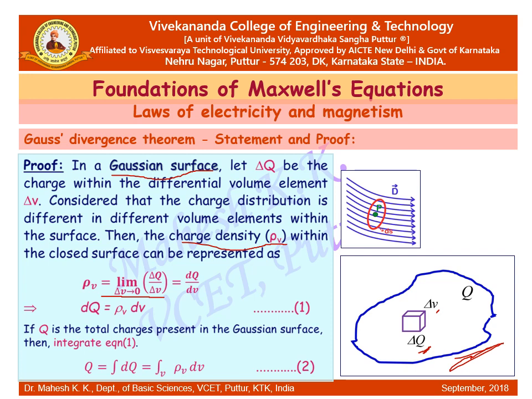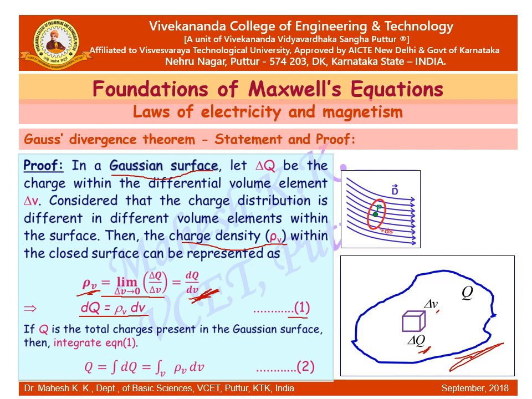The limit is nothing but the definition of a differentiation. So rho v is equal to dq by dv. If you rearrange, you can write dq is equal to rho v into dv. Let it be equation 1.